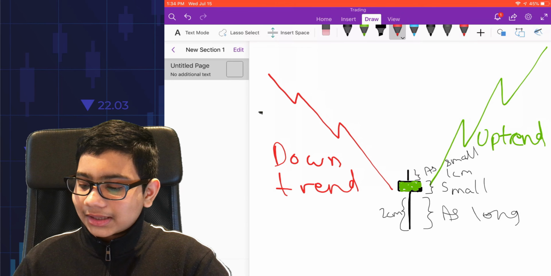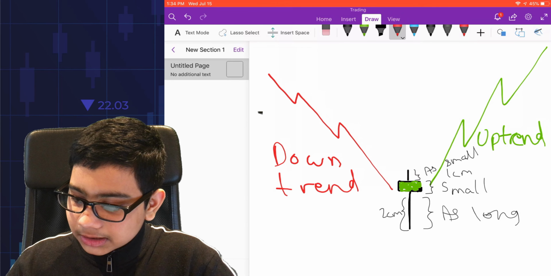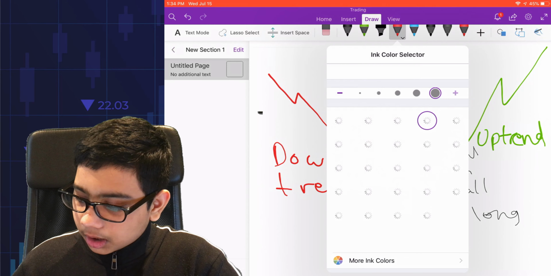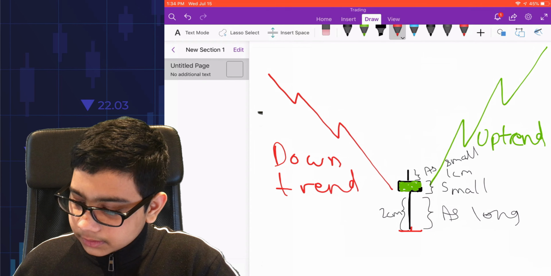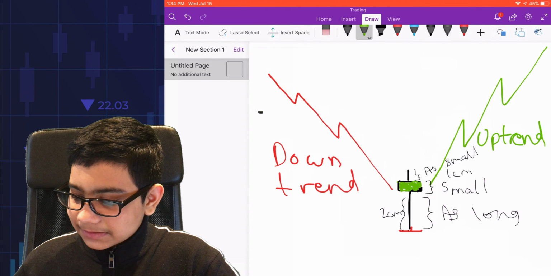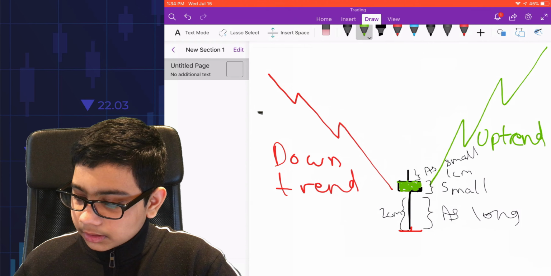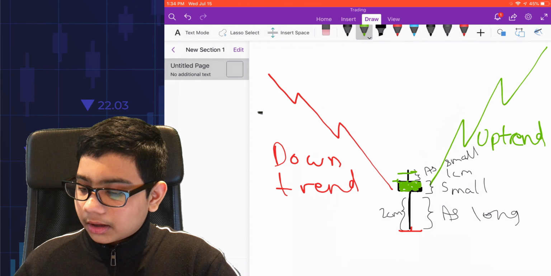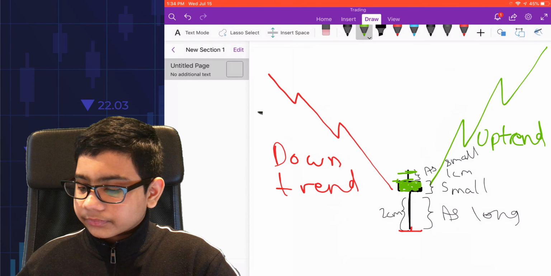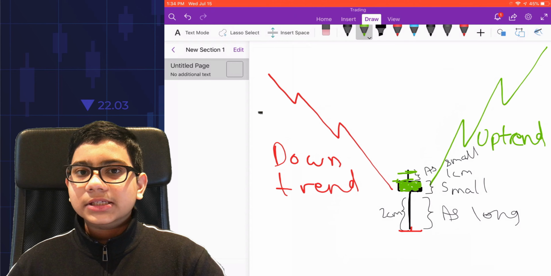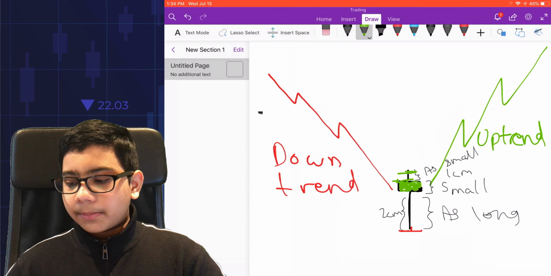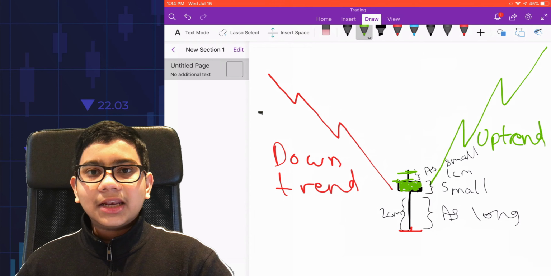A hammer shows that the sellers brought the price down until the low, but then the buyers brought the price back up to the high or the open. Therefore, it shows that the buying pressure is coming back into the market, and therefore you'd see an uptrend after that.